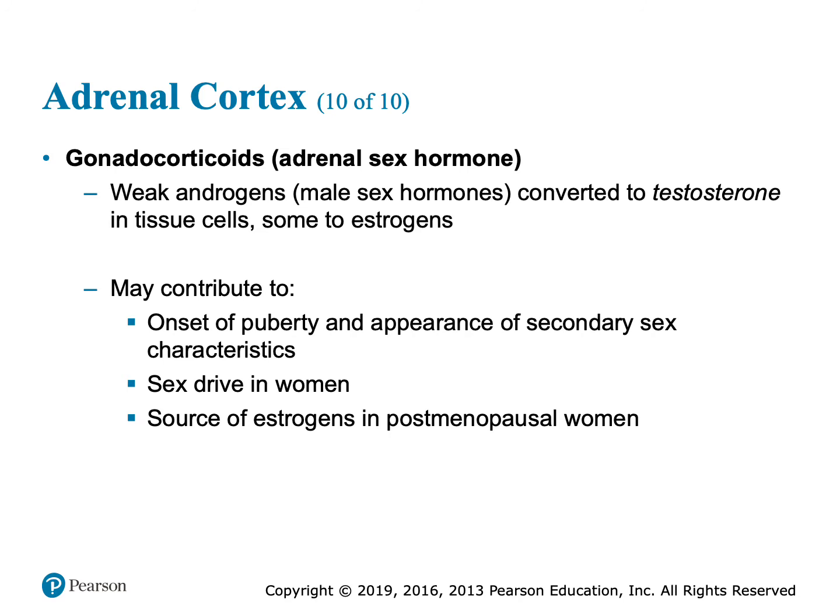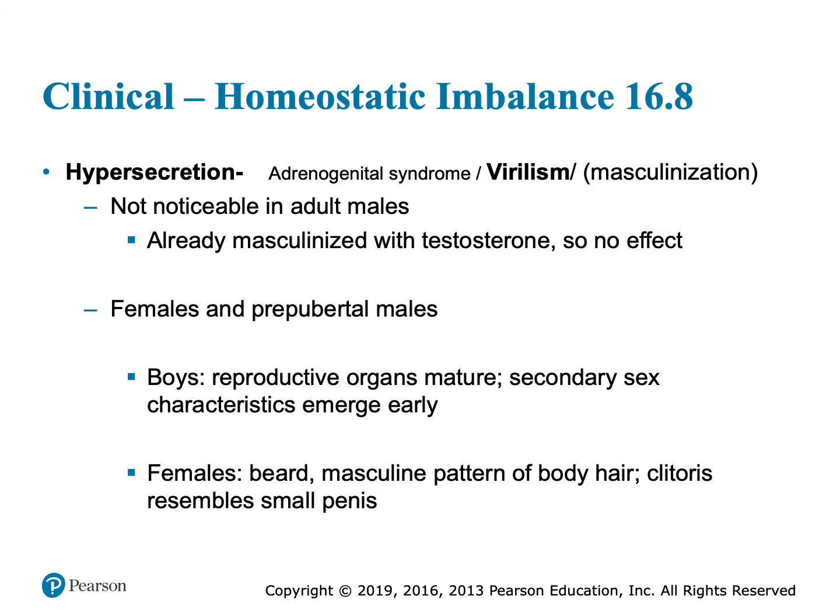Okay, the deepest part of the adrenal cortex releases gonadocorticoids, mostly male-type hormones. It does release a little bit of estrogen or cause the conversion of those androgens to estrogen, but it's not a huge player in sex characteristics. It's minor. So what if you put out too much androgen, hypersecretion?